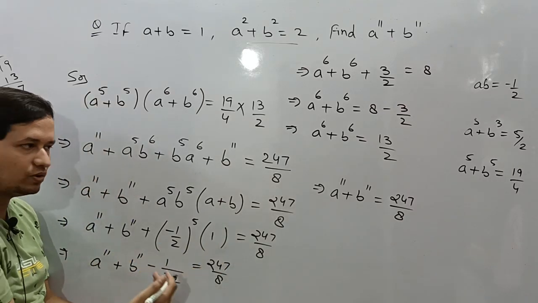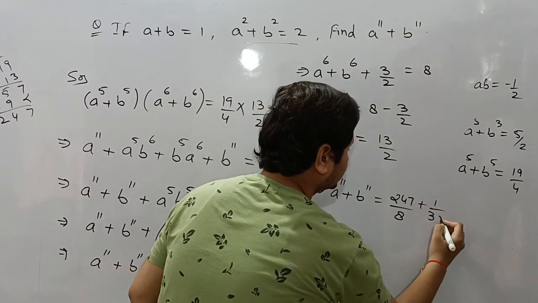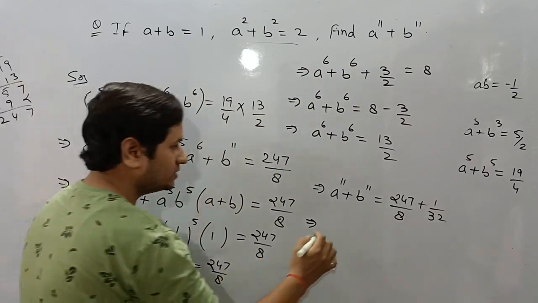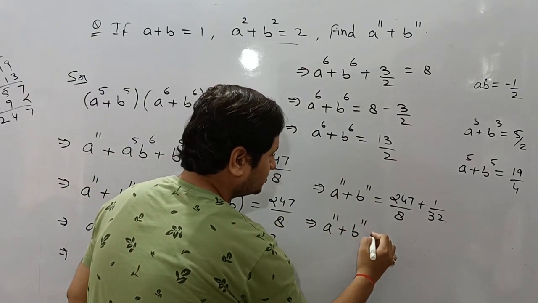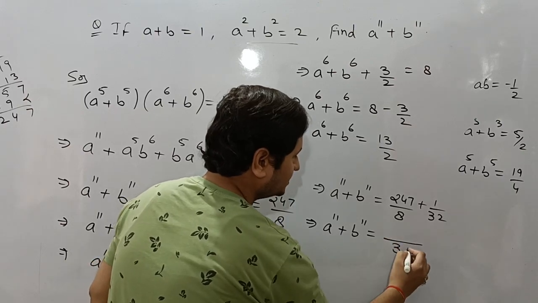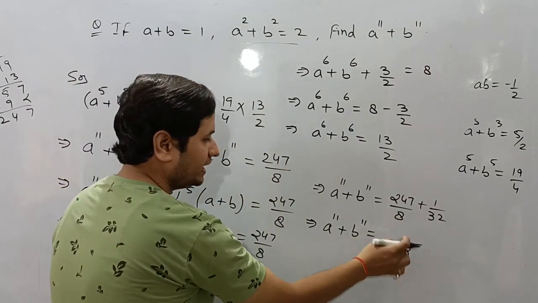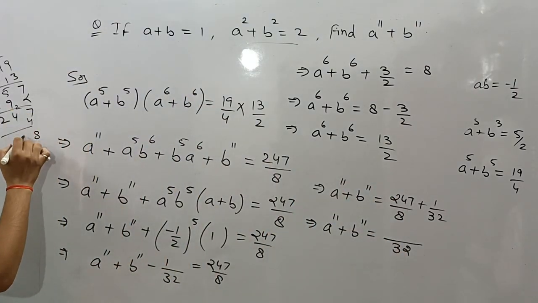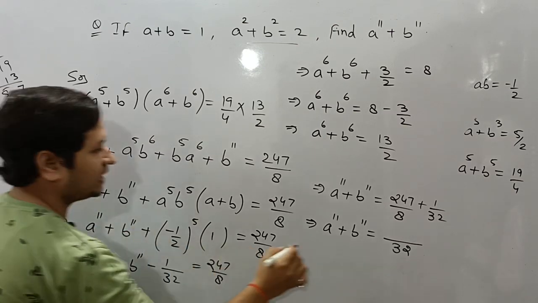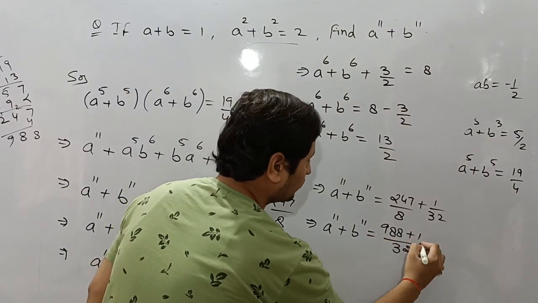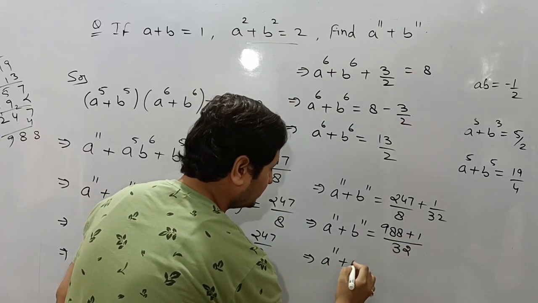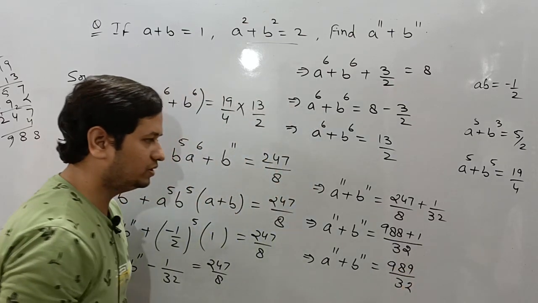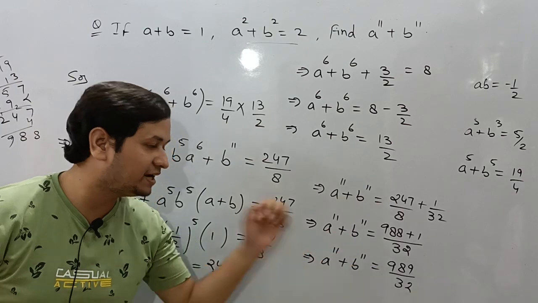It will be transposed to RHS, so plus 1/32, because here it is negative. a^11 + b^11 is equal to, and the LCM is 32. 8 4s are 32. 247 into 4. 4 7s are 28, 4 4s are 16, 18, 4 2s are 8, 9. 988 plus 1. So a^11 + b^11 is equal to 989/32. And this is the final answer, 989/32.